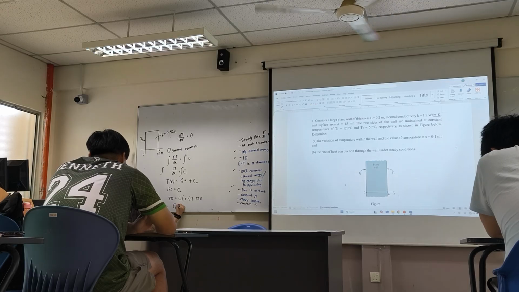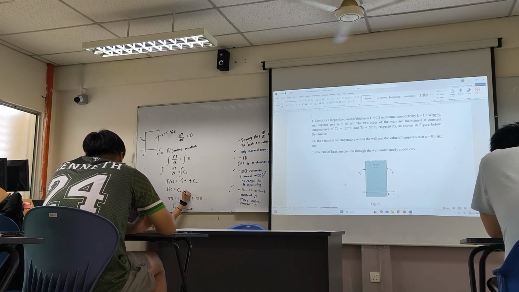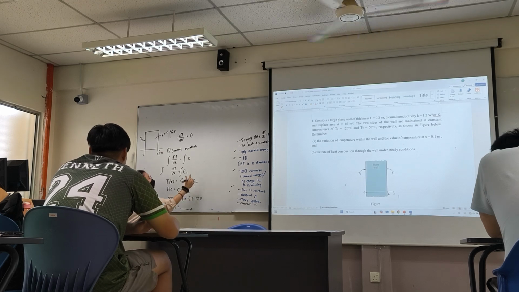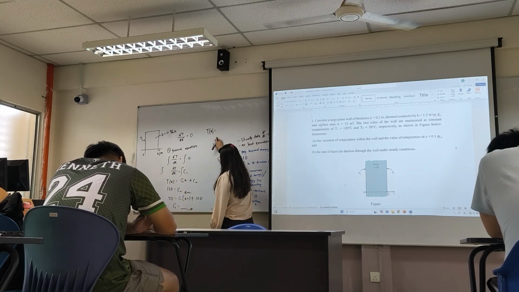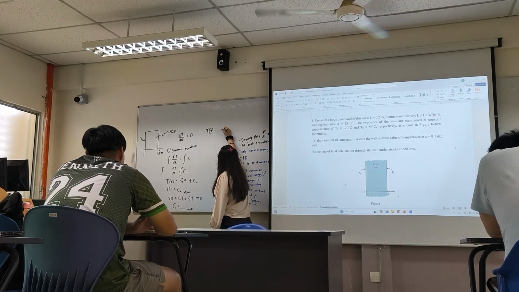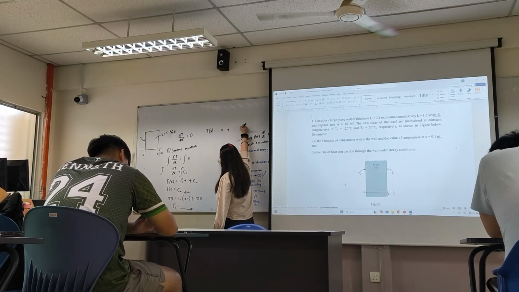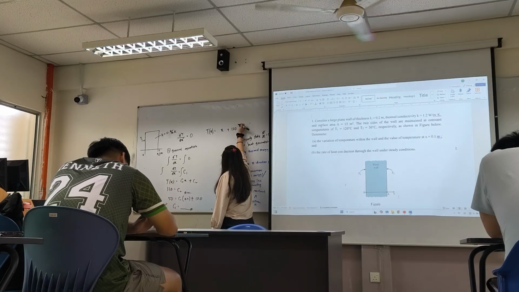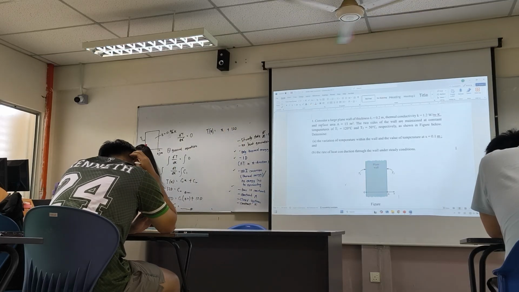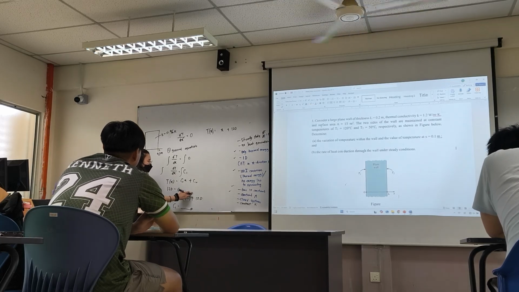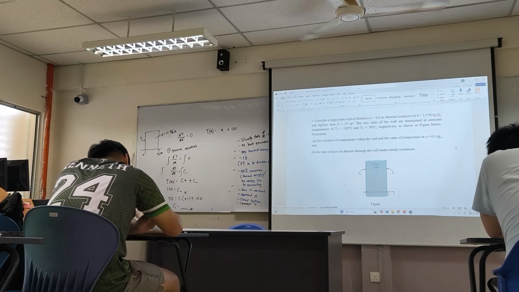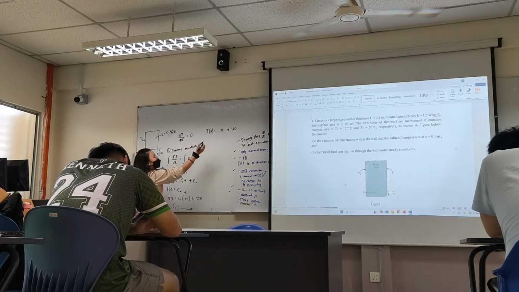So you get your C1. So your general equation now, T of x equals to C1 x plus C2, C2 is 120. C1, what do you get?